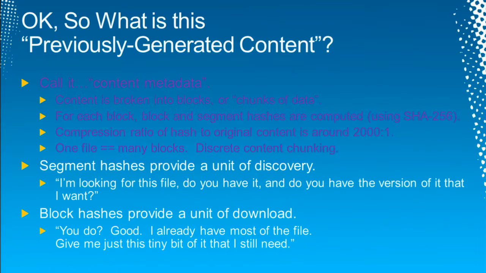Now, these segment hashes provide a unit of discovery. Do I have that block locally somewhere in my collection of desktops? And the individual block hashes provide a unit of download. So when Russ goes and downloads the PTO spreadsheet and uses his domain admin privileges to give himself all the PTO he wants, he's obviously changing the spreadsheet, right?